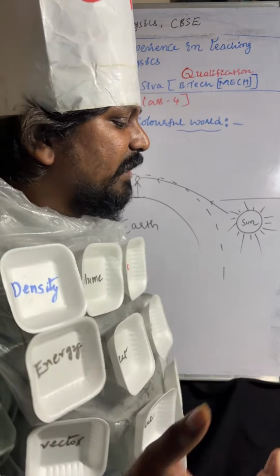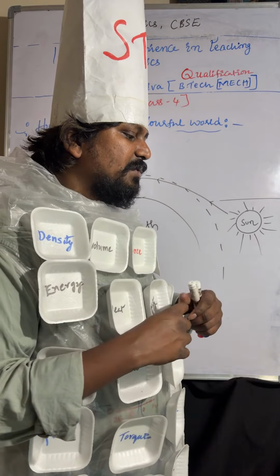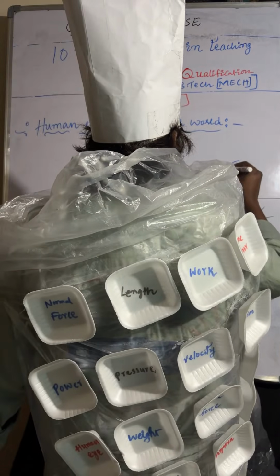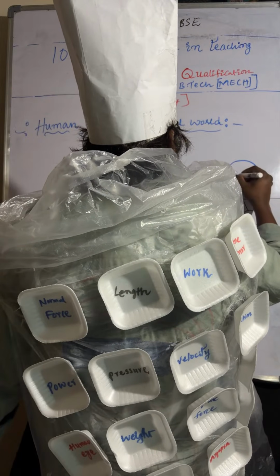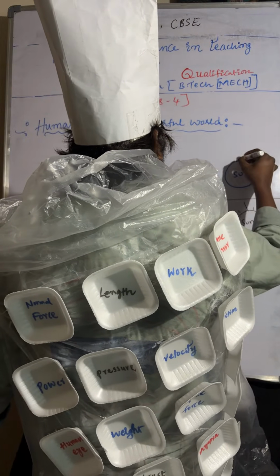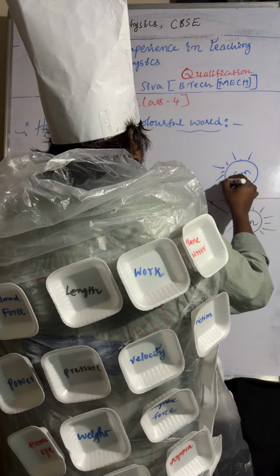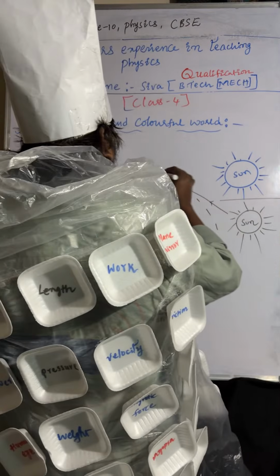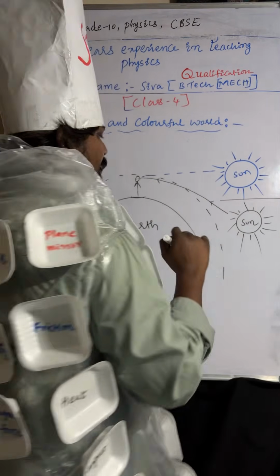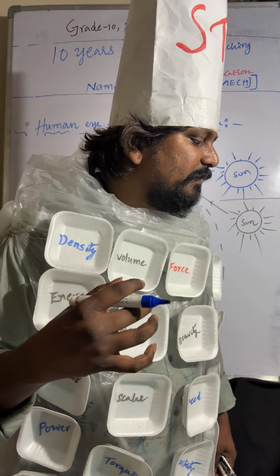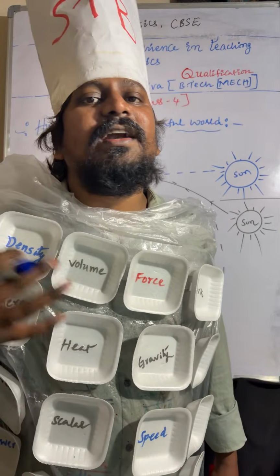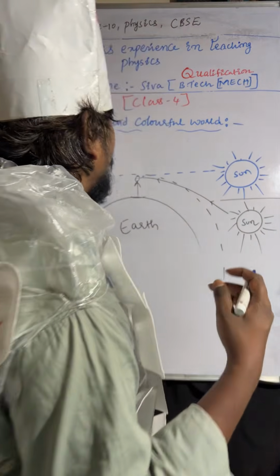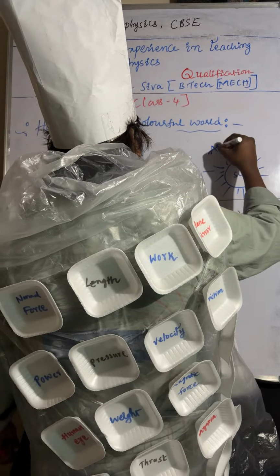So refraction by the atmosphere, then you can observe the sun appearing here. This is the apparent position of the sun. Here is the dotted line. The sun appears above its origin. Understood? So here is the actual position of the sun, and that is the apparent position of the sun.